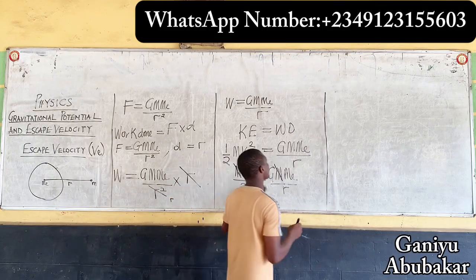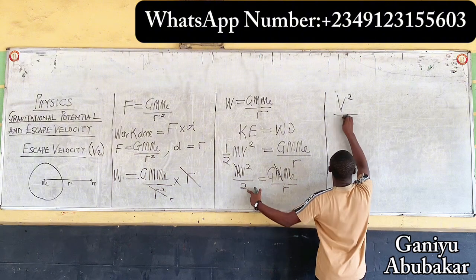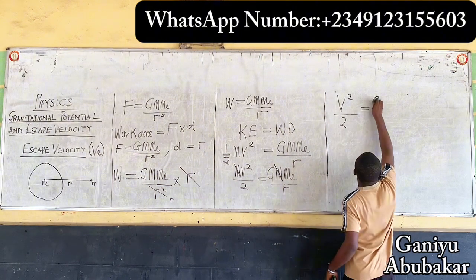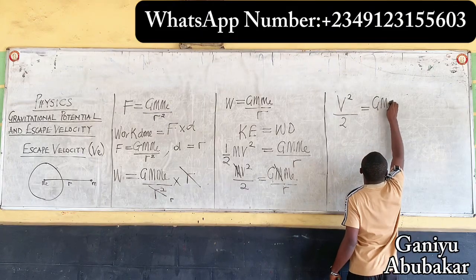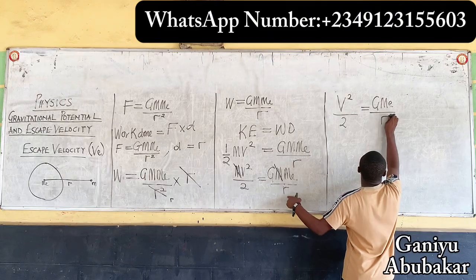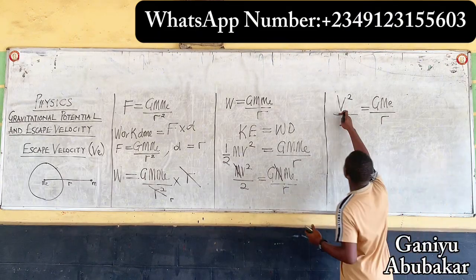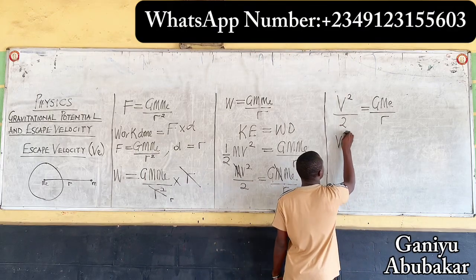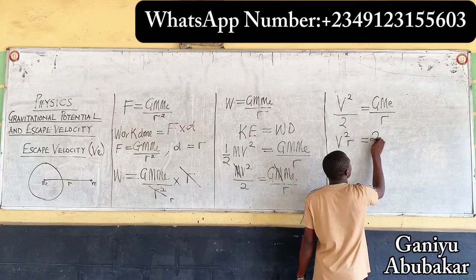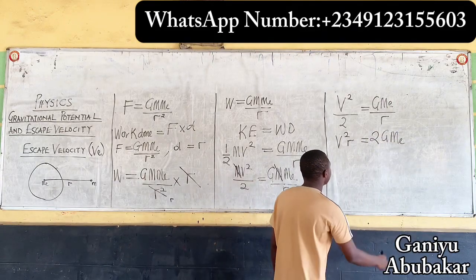So I'll have that v squared over 2 is equal to G M E over R. Next, I'll multiply v squared times R. That gives v squared R equal to 2 G M E, mass of Earth. Now let's task here.